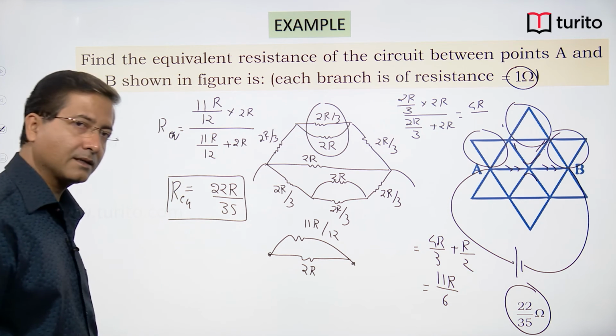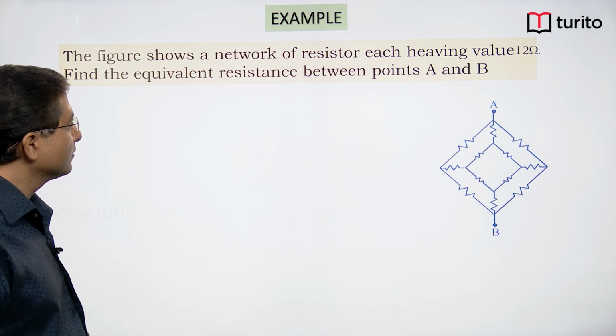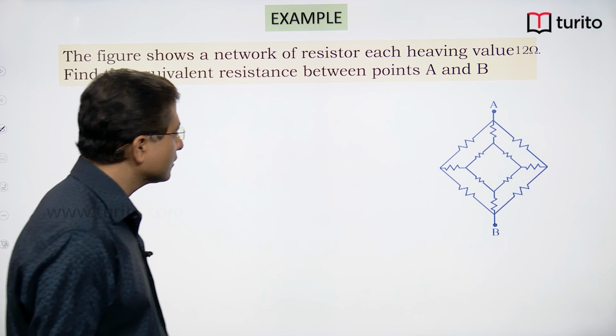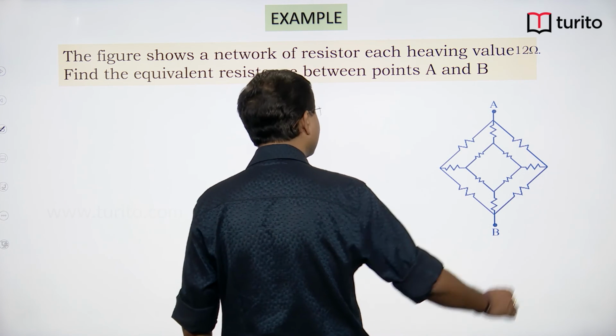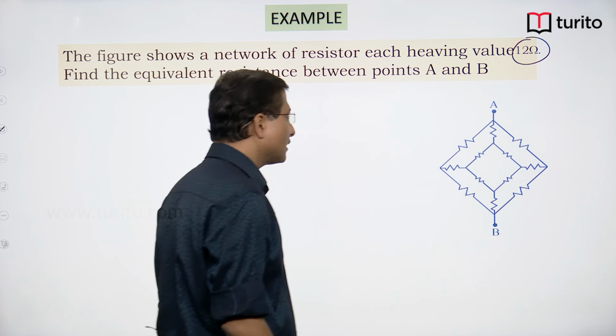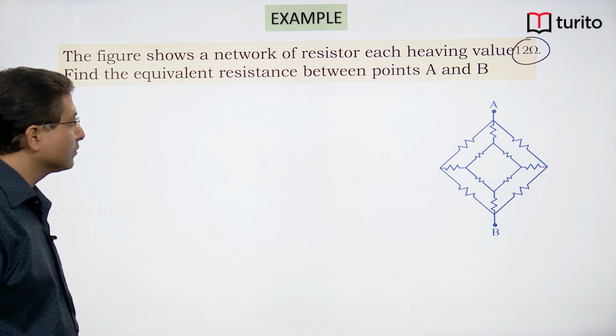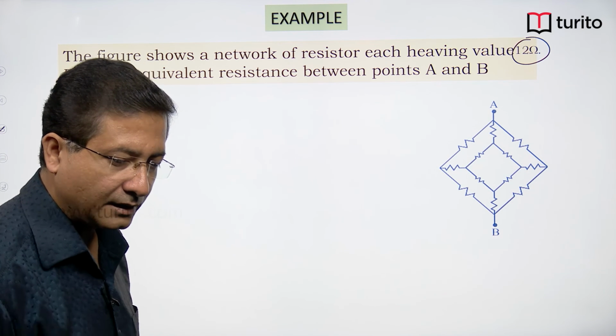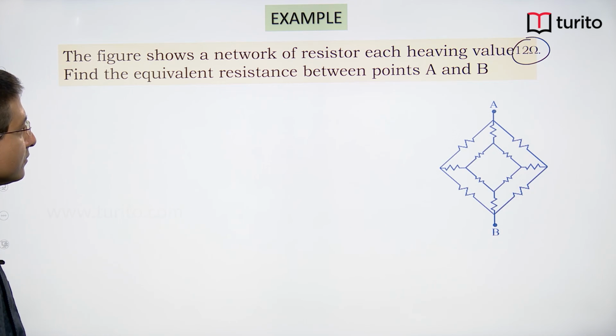Now let's see another, similar example. All the resistors have equal resistance, and we have to calculate the equivalent resistance. All the resistors are of 12 ohm. What is the resistance between A and B?